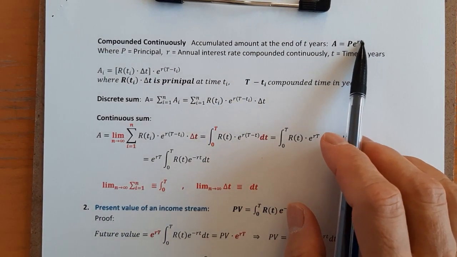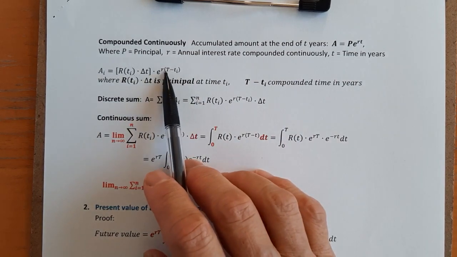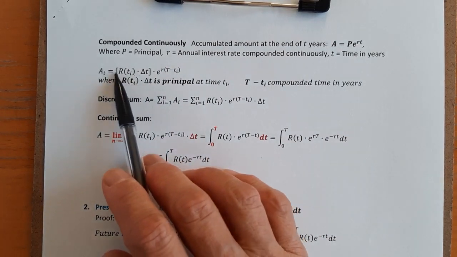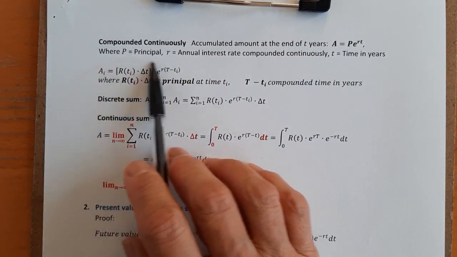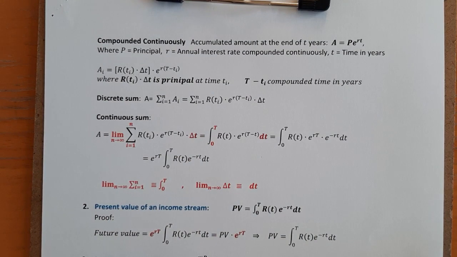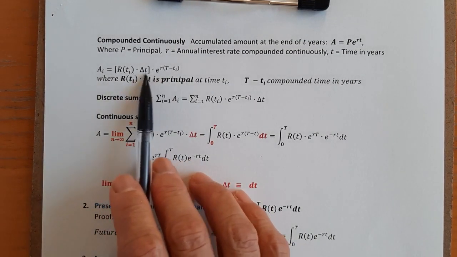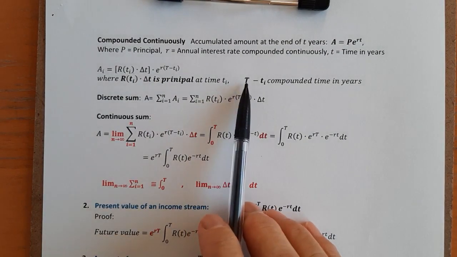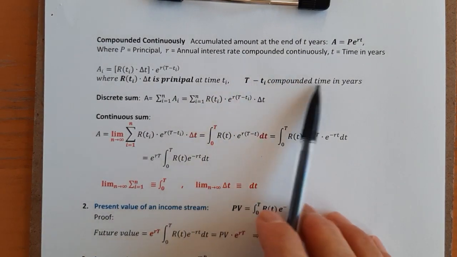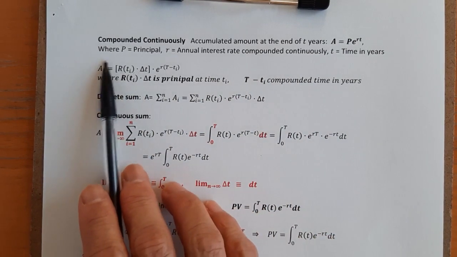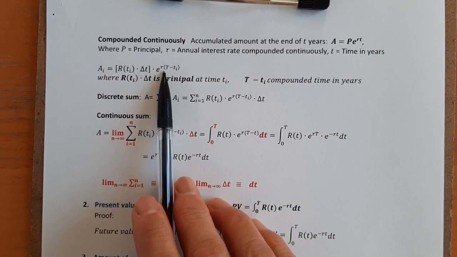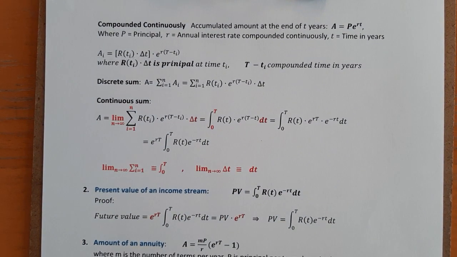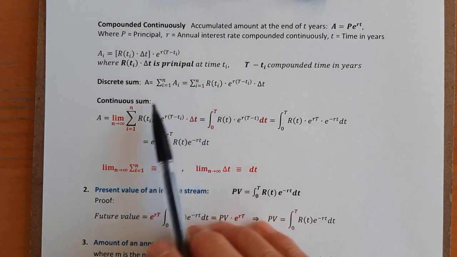So the t is replaced by capital T minus ti, r is the interest rate, the principal is this, and this is the compounded amount at time ti up to capital T. And then add together, there are n intervals.